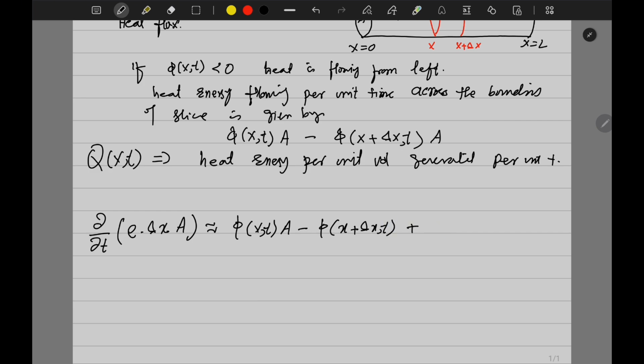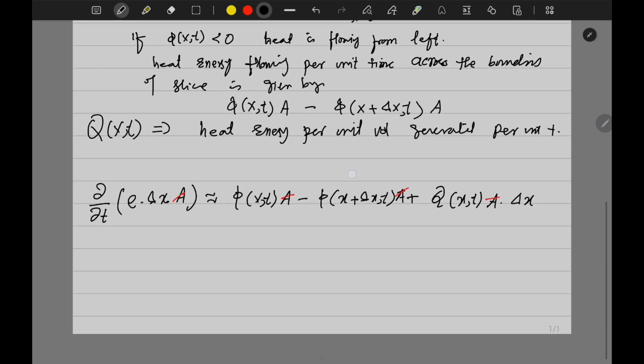Phi, no, this is q, the source q of x t, generated times A times delta x. So heat generated per unit volume per unit time. Here A is cancelled, there is an A here as well, so these cancel.